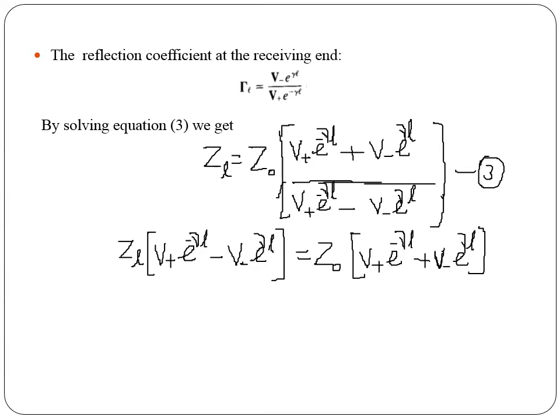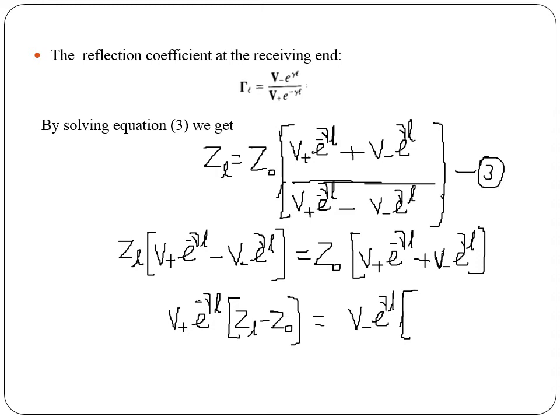Now I'll keep the V plus term on one side: V plus e to the power minus gamma L into (ZL minus Z naught) is equal to V minus e to the power gamma L, which is kept outside, into (ZL plus Z naught).